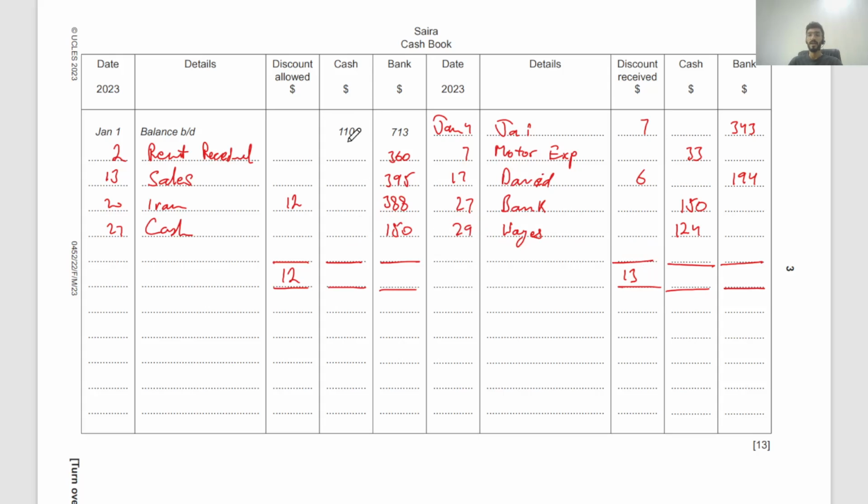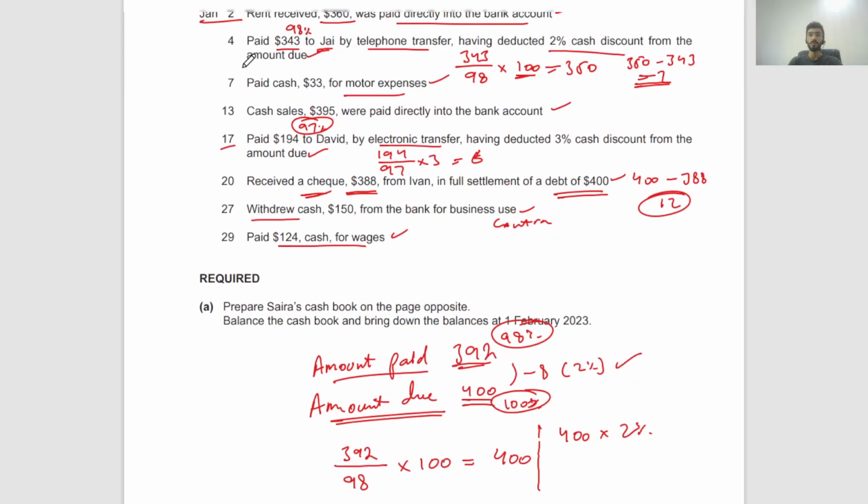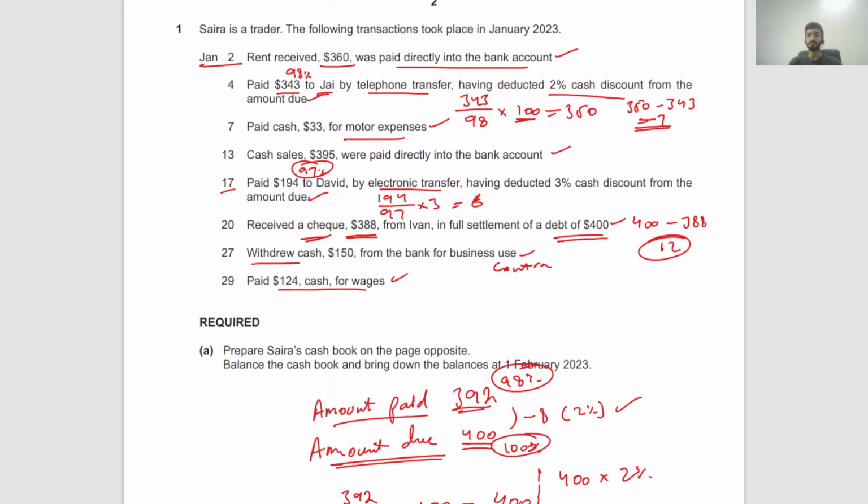Fine. The cash debit side total is 110. Wait, that can't be true because we can't pay more cash than we have, right? So let me just quickly check what we might have missed. Sorry.